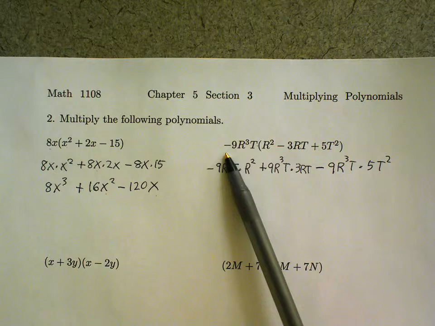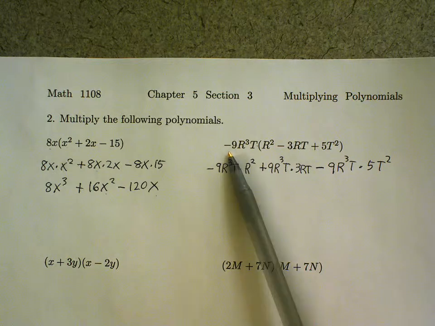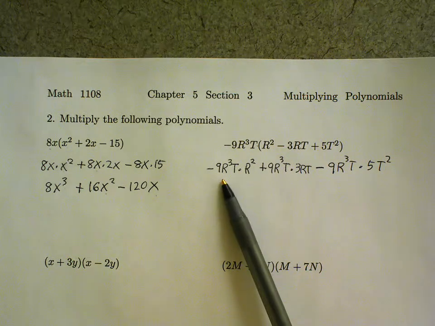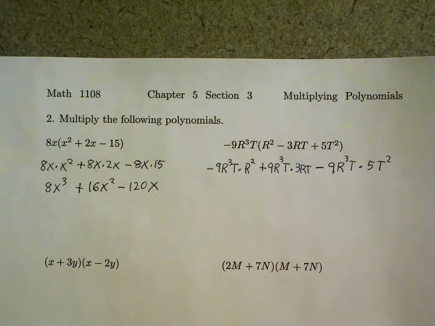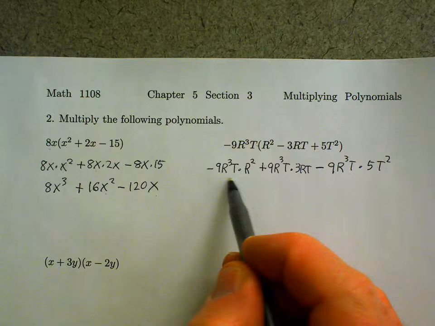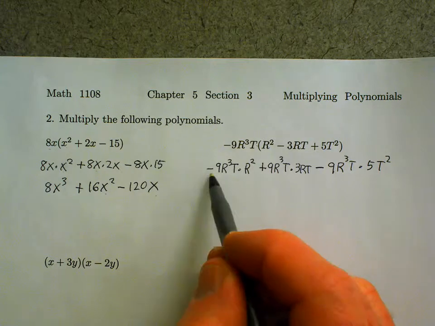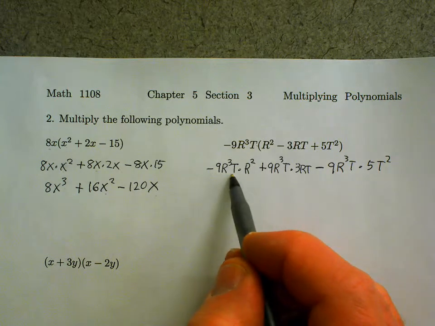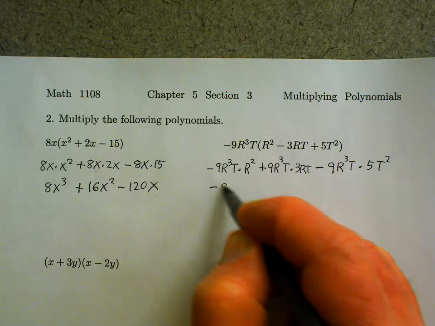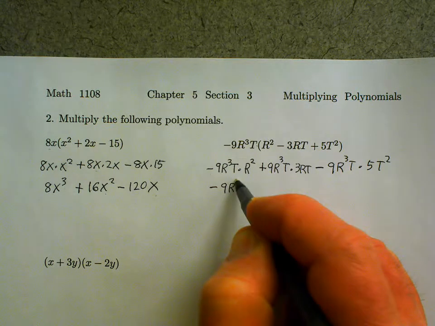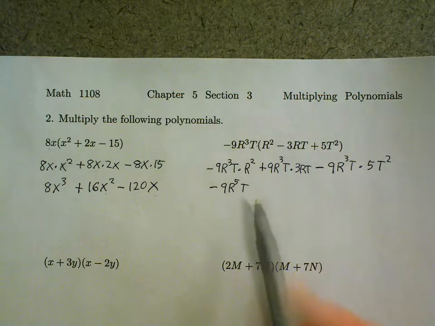So as usual, you always have to be careful with the signs, the positives and the negatives. Okay, on the term on the left, negative 9r to the third t times r to the second is negative 9r to the fifth times t.